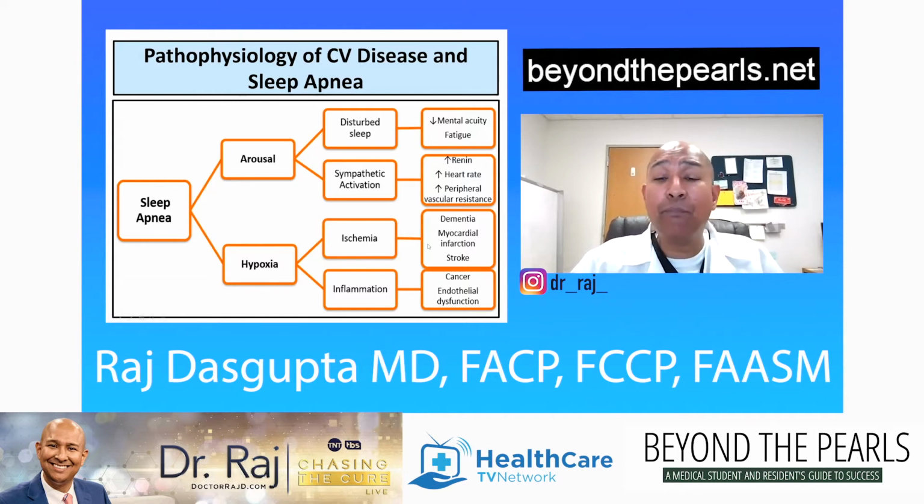And if you already have pre-existing heart disease, the coronary arteries get only 5% of the blood flow from cardiac output. And if you're already hypoxic, you're really going to be predisposed to things like an MI, like stroke, like mental status issues. And this could be another cause of worsening dementia. And of course, a lot of inflammation around the body.